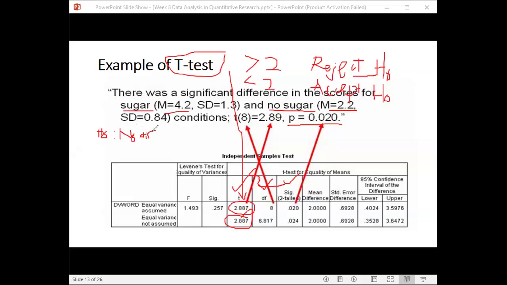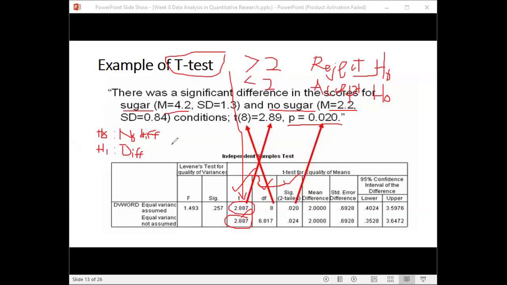I believe this is the thing you have to write in your book, right? So it tells you that there is no difference between the groups that you are testing. And then your H1, which we call the alternative hypothesis, is the opposite of the H0. So we say that there is or there are differences between the groups.